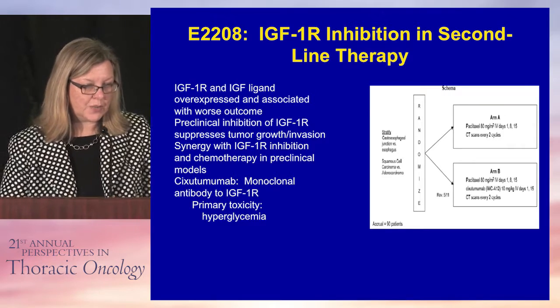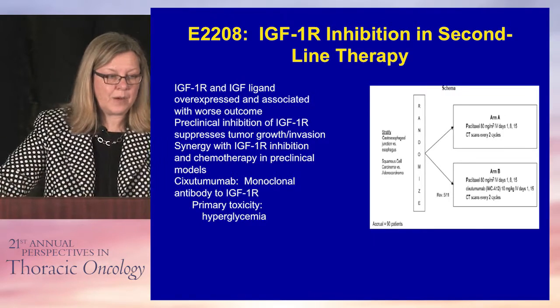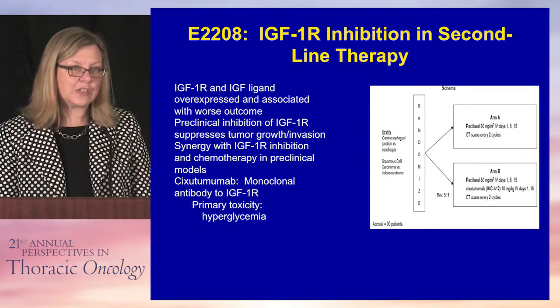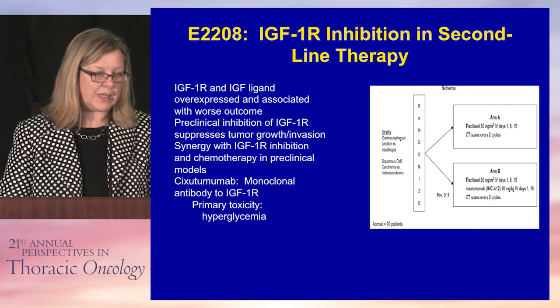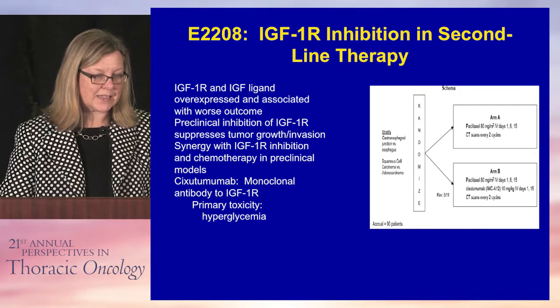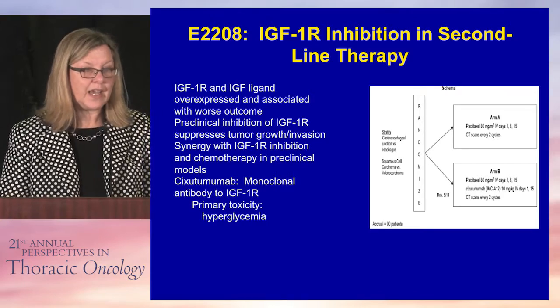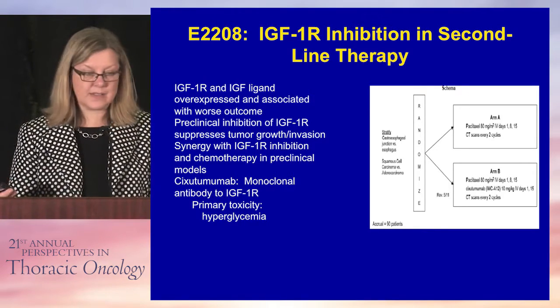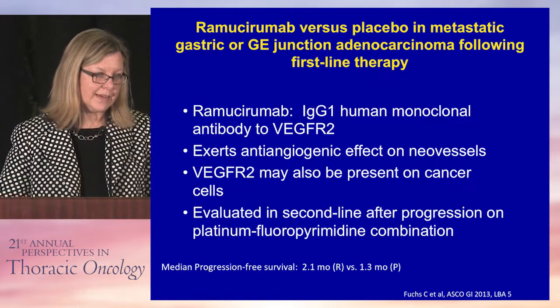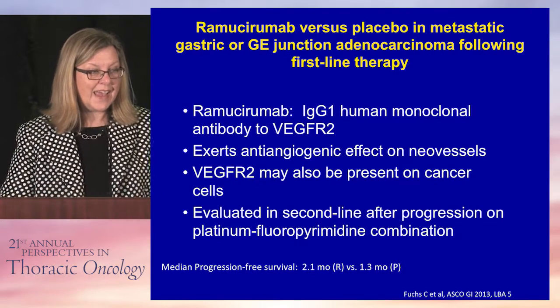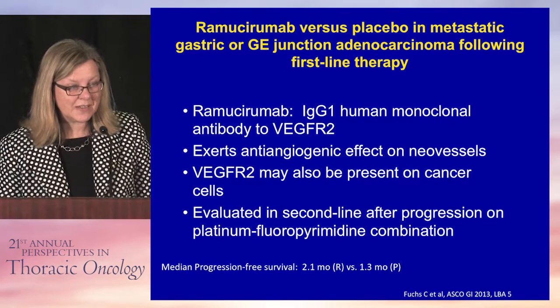So within ECOG, we did a randomized trial for second-line therapy, patients who had progressed on first-line therapy with a platinum-based regimen, of paclitaxel or paclitaxel together with the IGF-1R-directed antibody cixutumumab, and that trial was entirely negative.